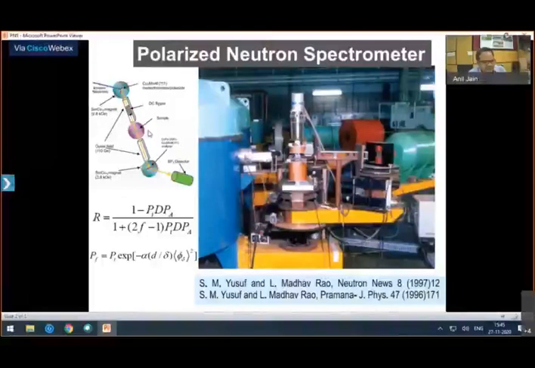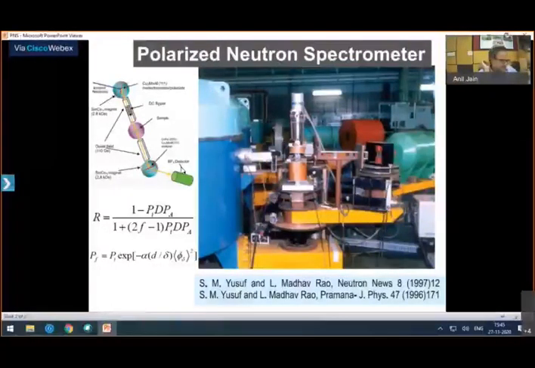And this neutron beam then interacts with the sample, and then again we have an analyzer to check the polarization of the neutron beam. And this is the detector. So what kind of information can one get from the polarized neutron spectrometer?